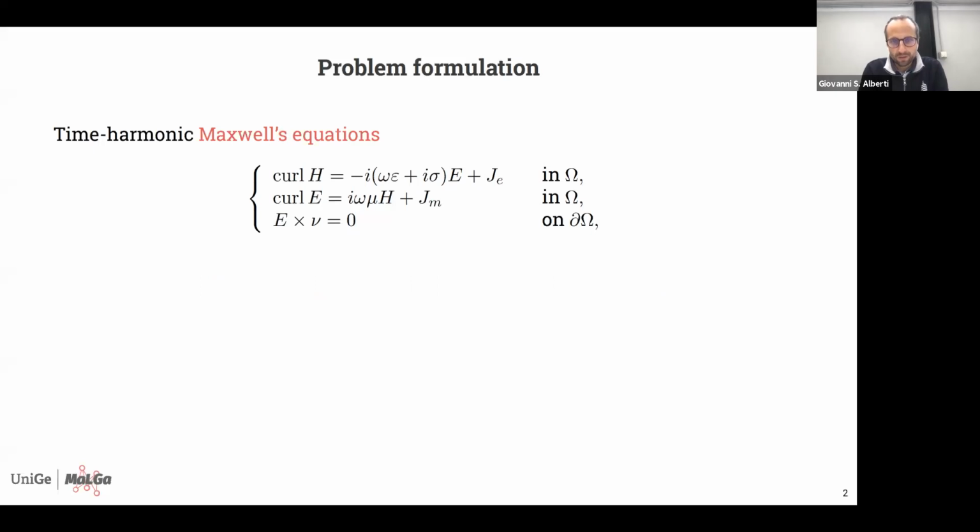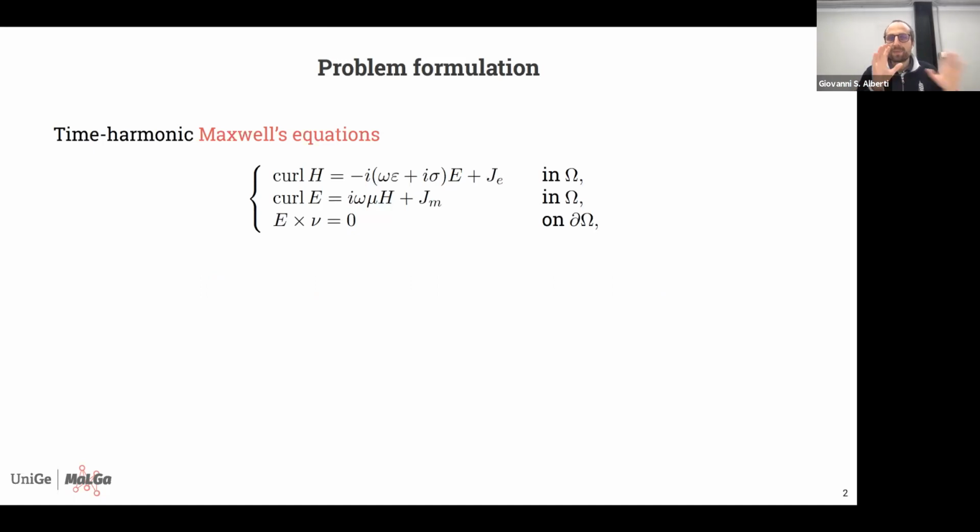We are going to focus on Maxwell's equations in their time harmonic form. So basically after taking a Fourier transform, time is replaced by frequency, the frequency omega here. These PDEs appear in many different physical models, but I'm not going to mention anything on those aspects.